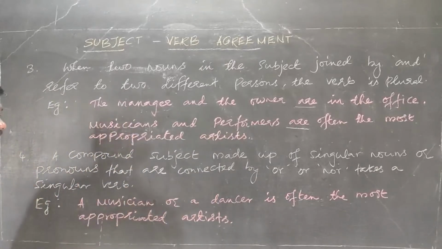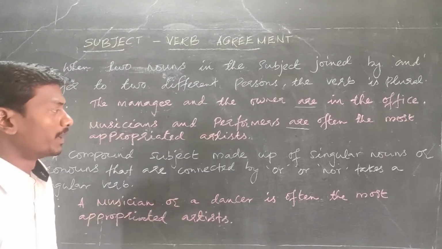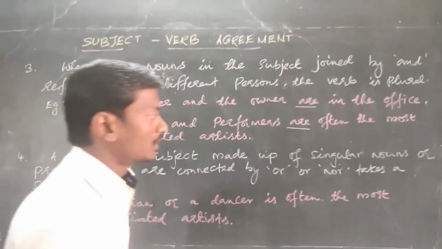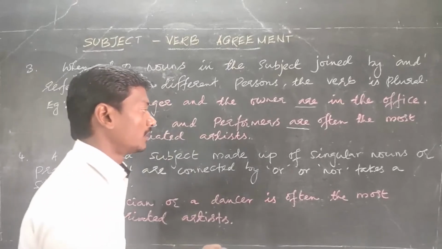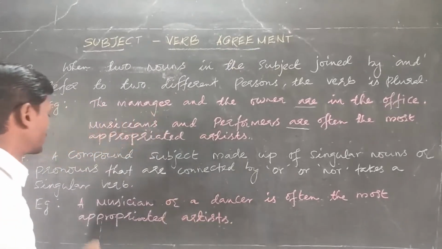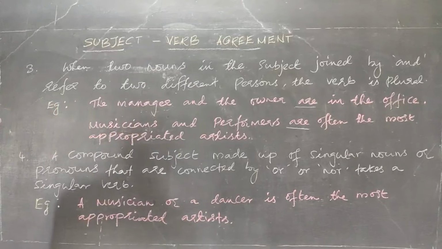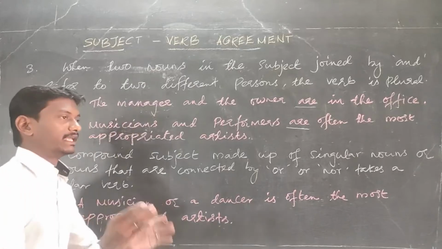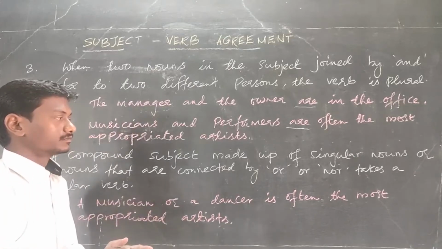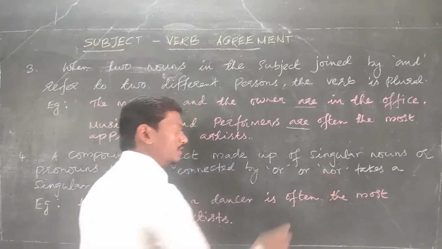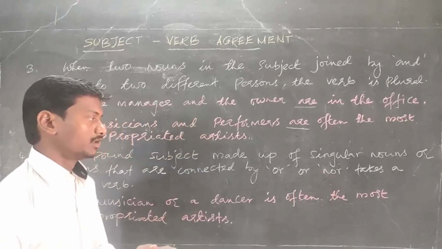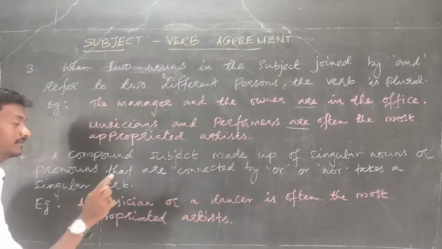Fourth one, a compound subject made up of singular nouns or pronouns that are connected by or or nor takes a singular verb. When a sentence has or or nor, we should write only a singular verb.